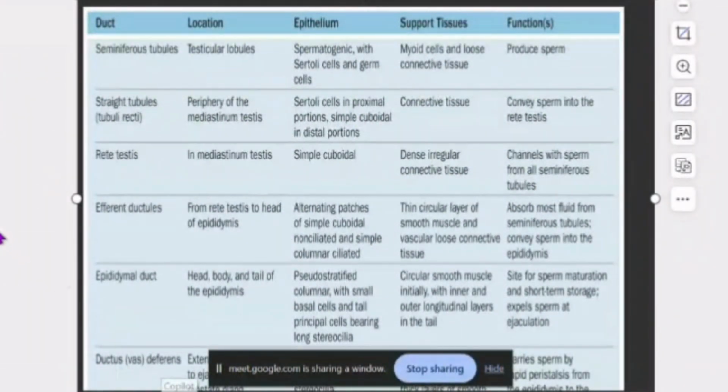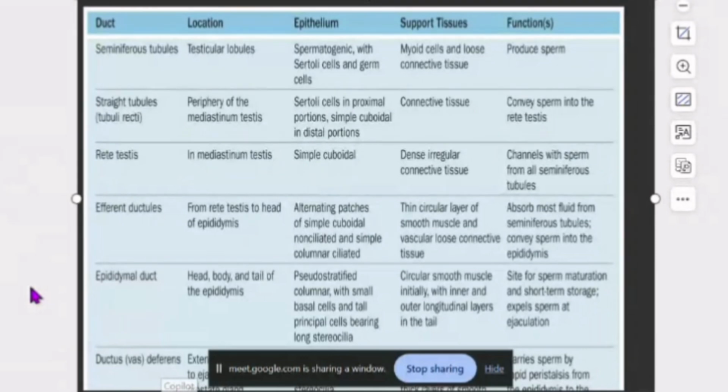When you move to your rete testis, it's simple cuboidal. Then as you move from your rete testis to your efferent ductules, you have simple cuboidal alternating with simple columnar ciliated epithelia.